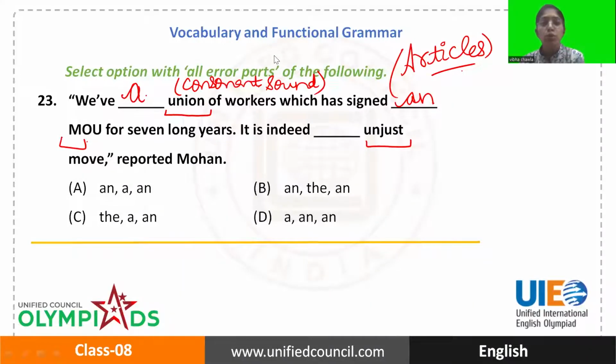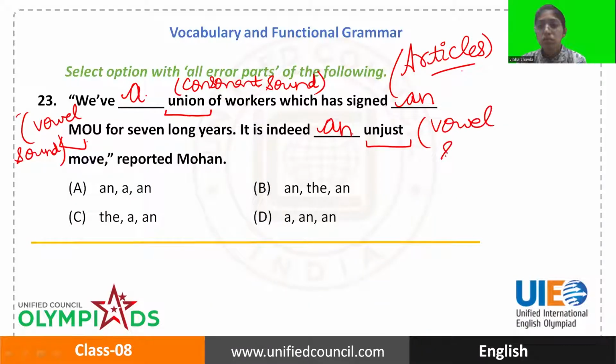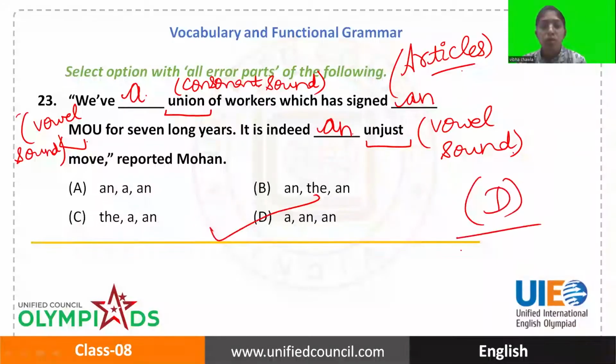And MOU for 7 long years. It is indeed an unjust, again vowel sound. It is indeed an unjust move, reported Mohan. So it's a and an. Option D.